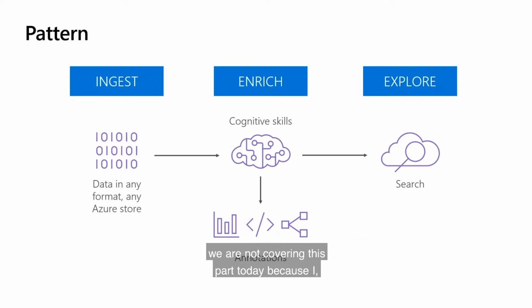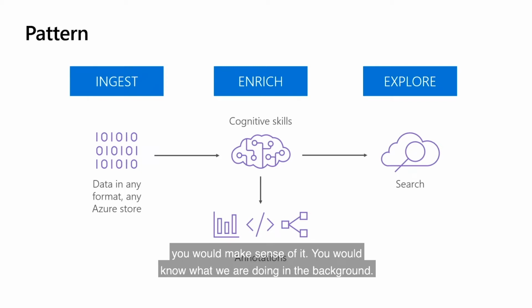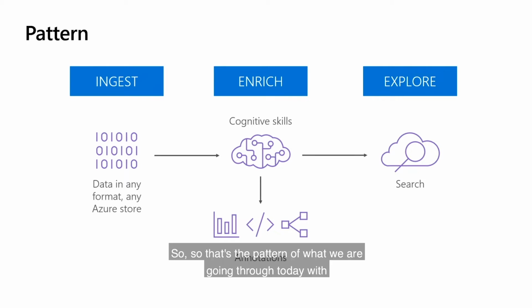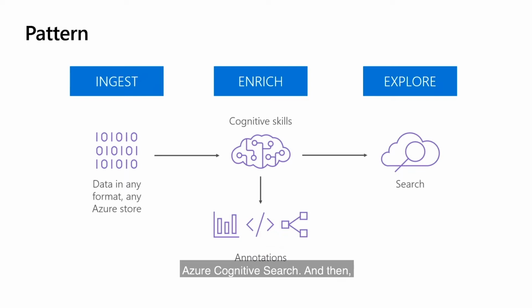We are not covering this part today because if you're interested in knowledge mining, you wouldn't normally be an expert in web applications. But once I show you some examples on the internet, you will make sense of it. You will know what we are doing in the background. So that's the pattern of what we're going through today with Azure Cognitive Search.